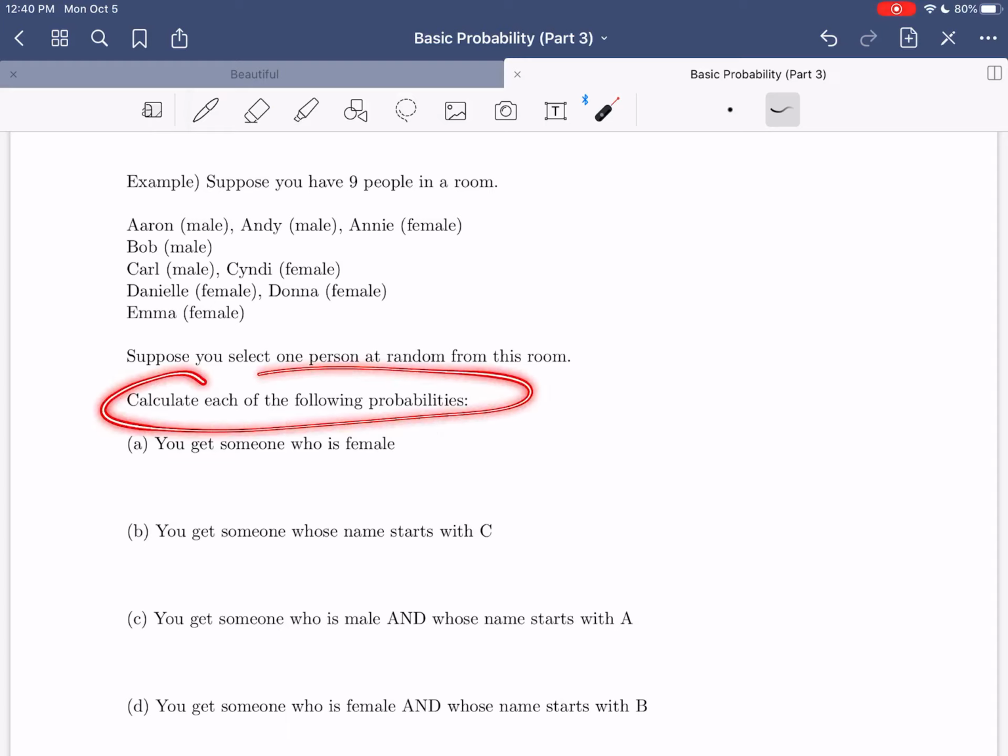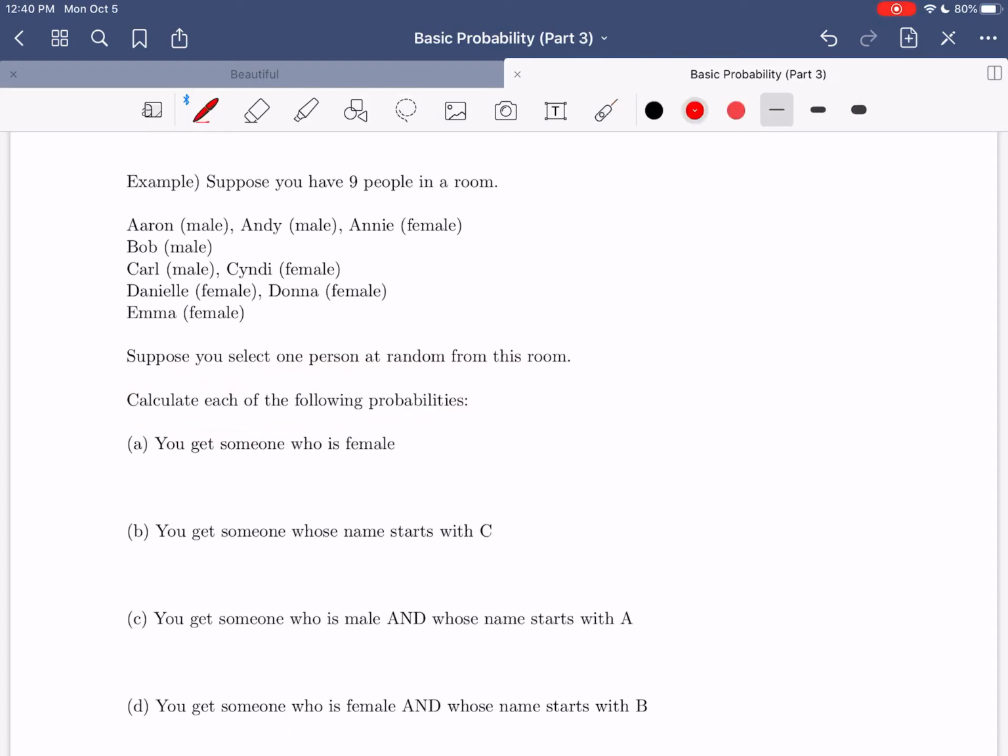We're going to calculate each of the following probabilities. Now again, one of the key things we should always make note of here is, as we know, there's 9 total. So each of these people has an equal chance of being selected. That means everything's going to be out of 9 because our sample space is size 9. Okay, what is the probability you get somebody who's female? Now notice there's no ands or ors or nots, so we don't need to use any special rules.